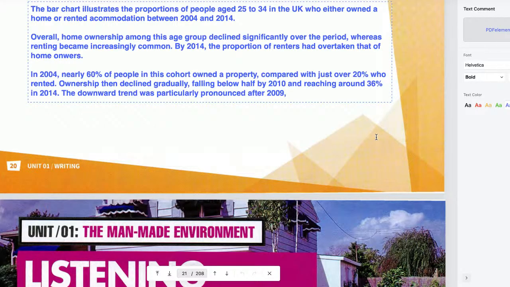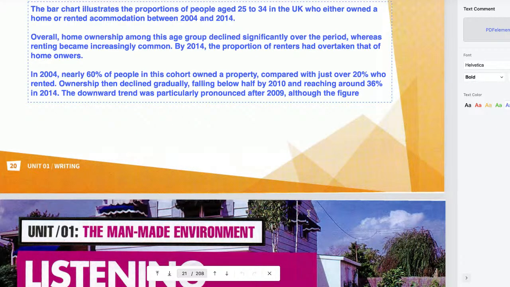Now we try to add something in between 2011 and 2012. We can say, although the figure, comma first, comma, although the figure kind of stayed stable, right?